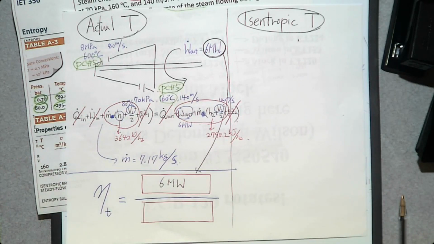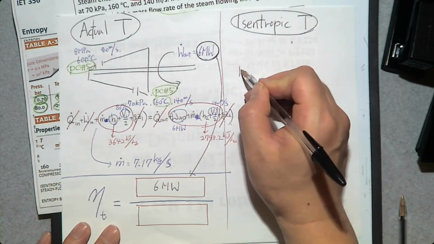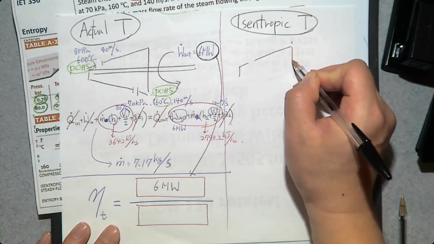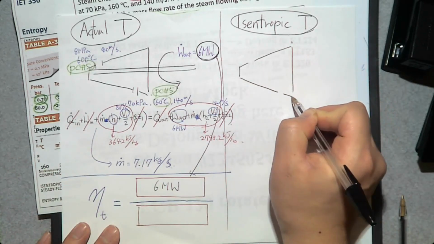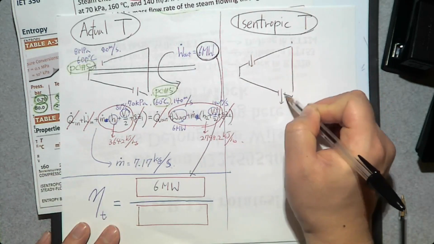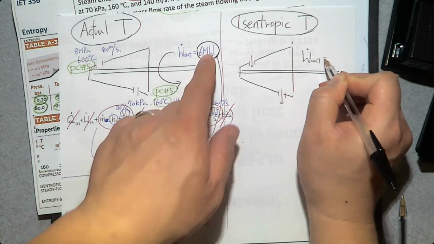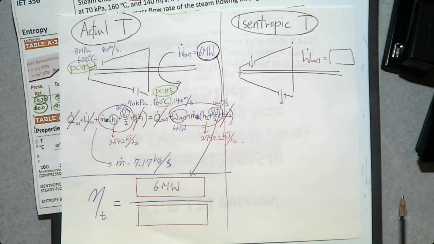So we are going to make another turbine, in this case an isentropic turbine, that looks like this. One inlet, one exit. It produces power, how much? 6 megawatt? Not anymore.